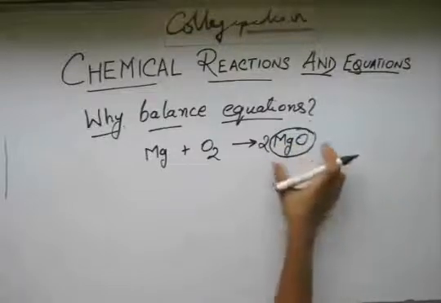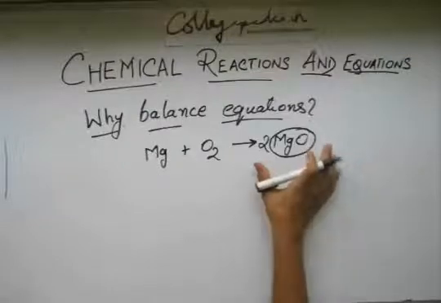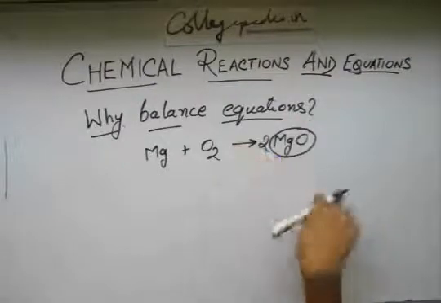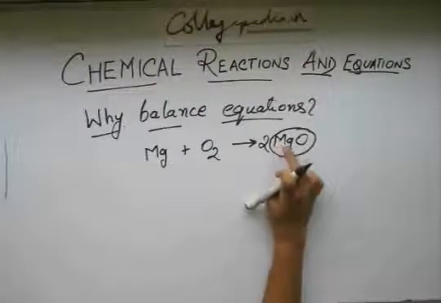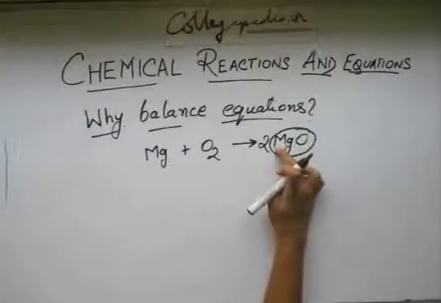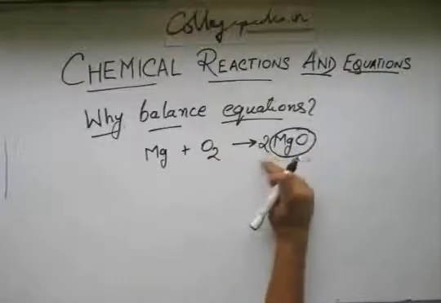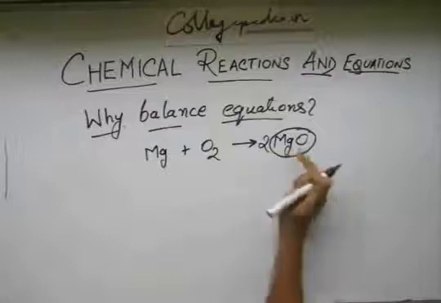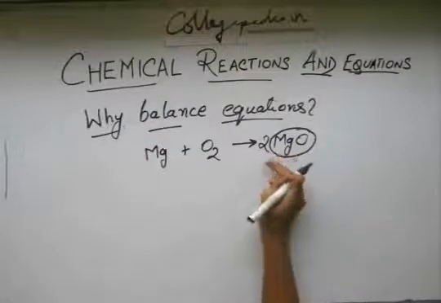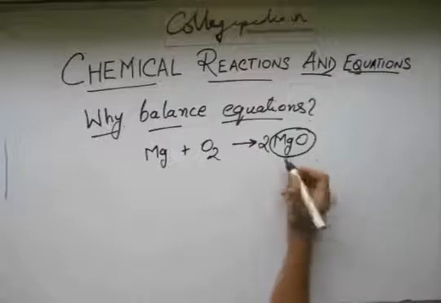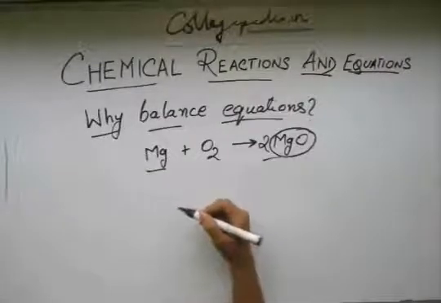If you have to have 2 molecules of oxygen, you will have to give 2 molecules of the whole compound, which will mean 2 atoms of magnesium also. So when you write this 2 over here, it means that oxygen is balanced because there are 2 oxygens. But now magnesium is not balanced because there are 2 on this side and only 1 on this side.